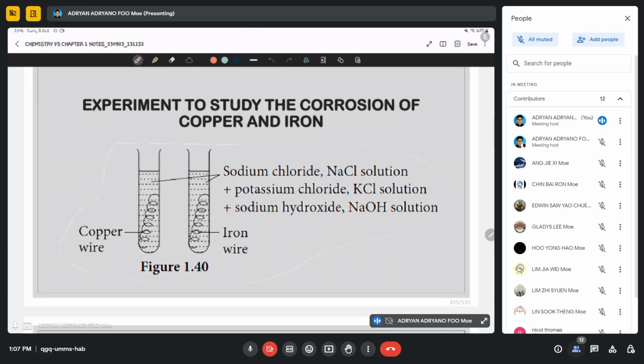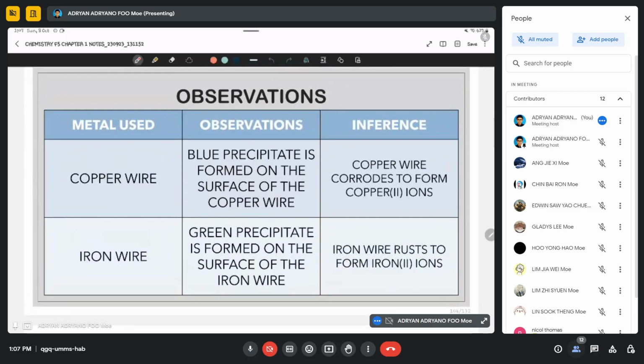What are the experiments to study the corrosion of copper and iron? 我们一定会看到发生什么，是它的速度啊等等. Observation: on the copper wire, blue precipitate is formed, whereas on iron wire, green precipitate. Why?